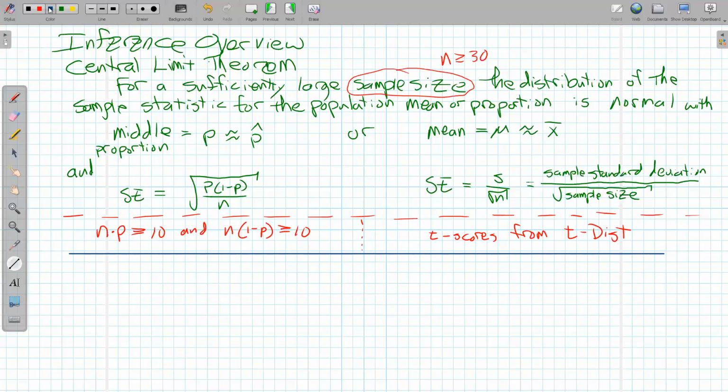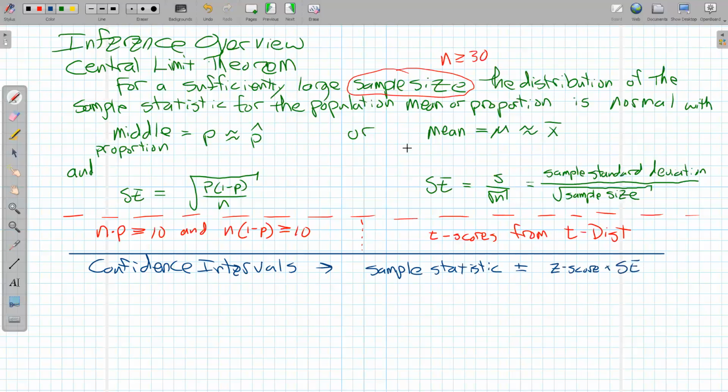For confidence intervals, our formula is always whatever the sample statistic is, plus or minus our z-score times whatever the standard error is.